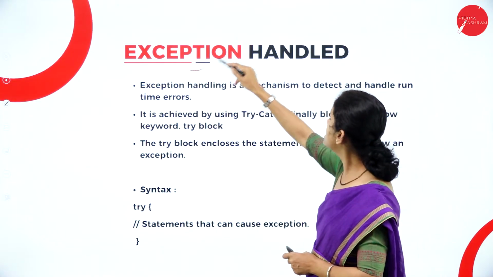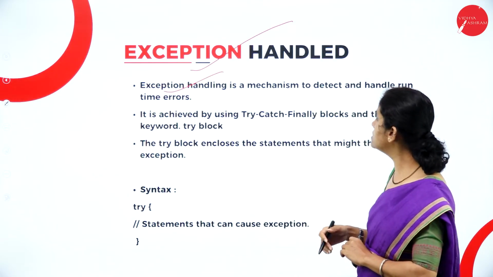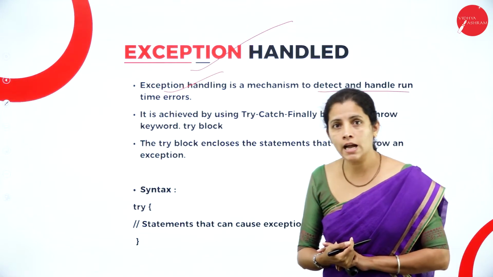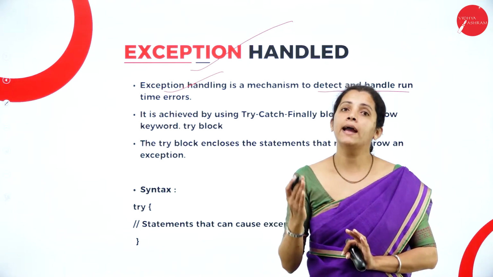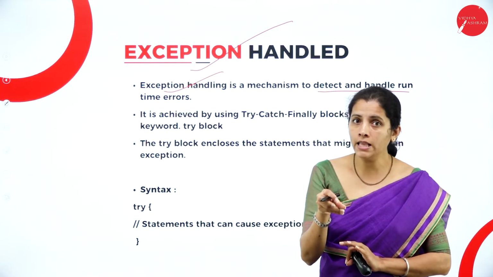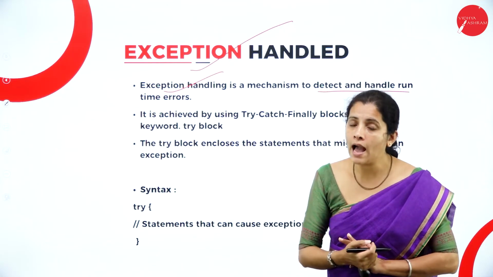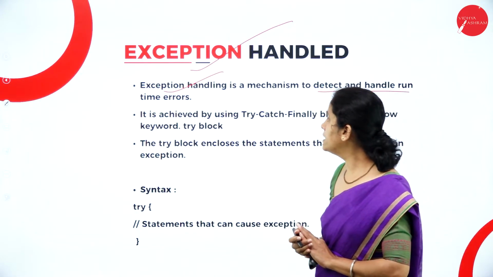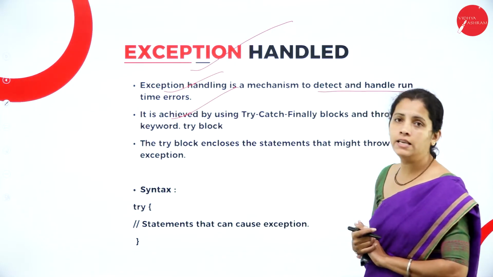So exception handling is a mechanism that is mainly used to detect and handle runtime errors. So dear student, in a programming language, while writing a program, we may make mistakes. To identify the mistakes or errors and to handle the errors, I'm going to have a certain technique, that is the exception handling technique, and it is achieved by using try, catch, finally block.